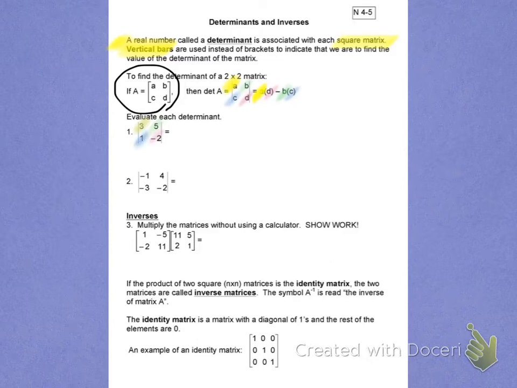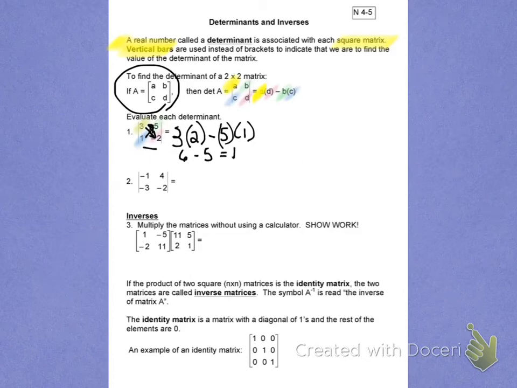In practice though, sometimes I like to think of an arrow minus this arrow. So we have 3 times 2 minus 5 times 1, which is 6 minus 5, or 1.